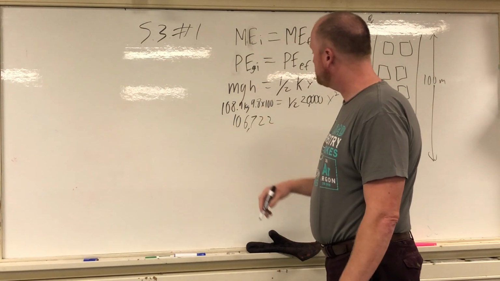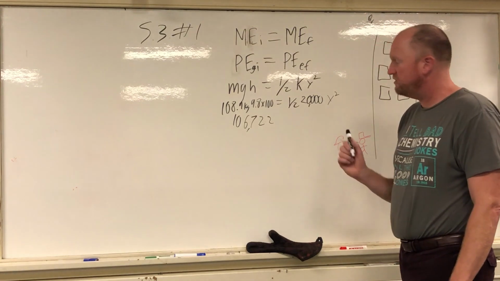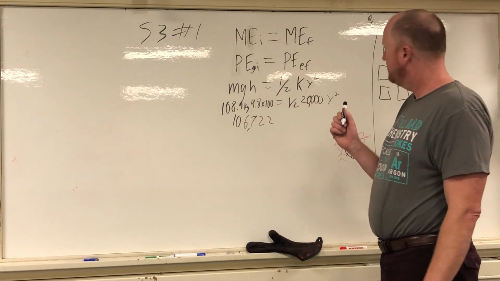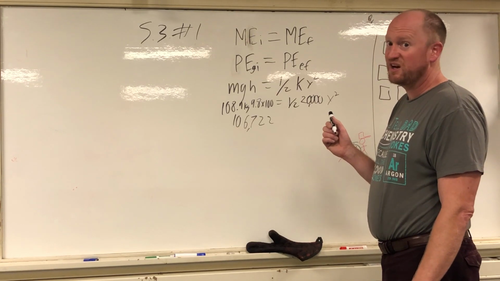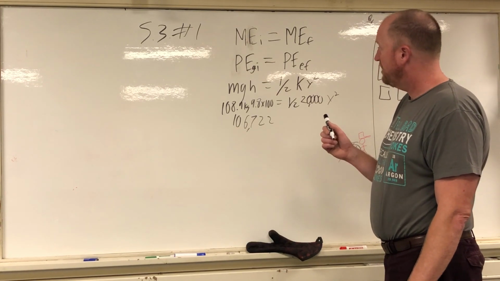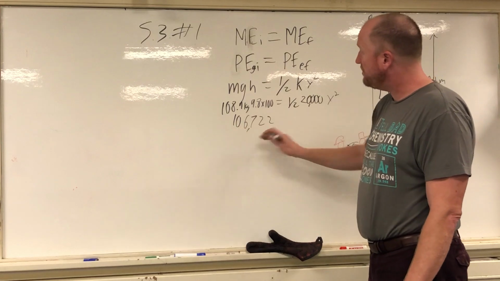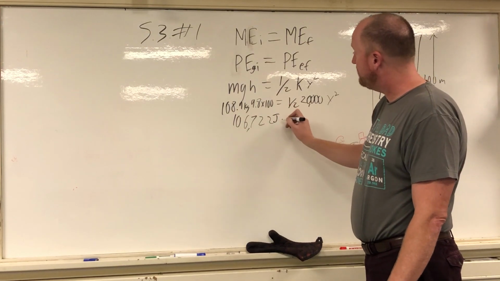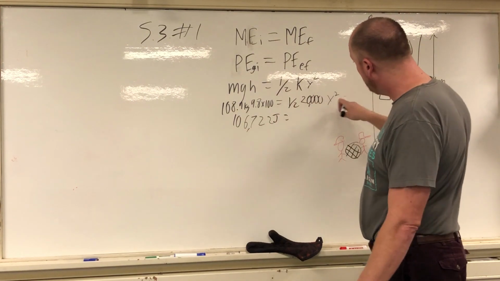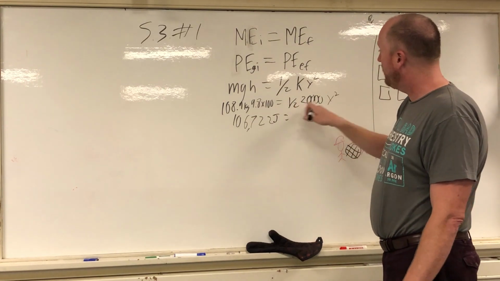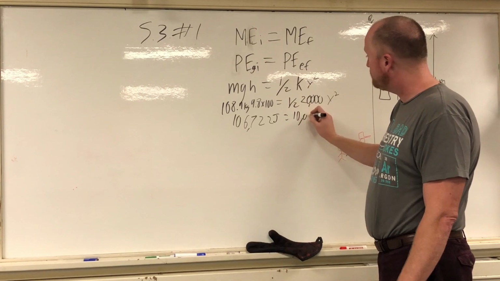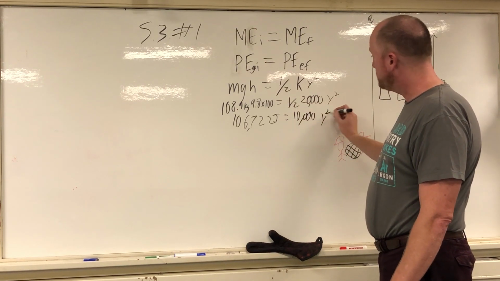I have 106,722 joules, which is strangely not as many calories as you would think. So 106,722 joules is going to equal the joules that are going to be stored up in the net when I come to an end. 1/2 of 20,000 is 10,000 y squared.